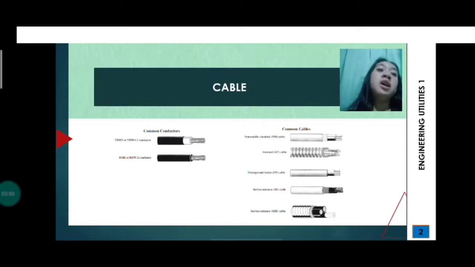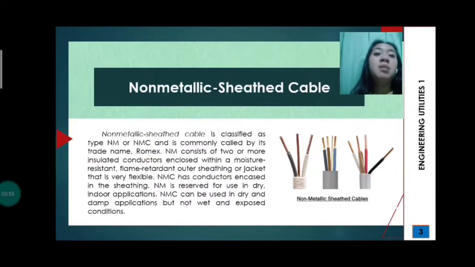First, the non-metallic sheeted cables. So what are non-metallic sheeted cables? Cables are classified into two. These two are NM and NMC.